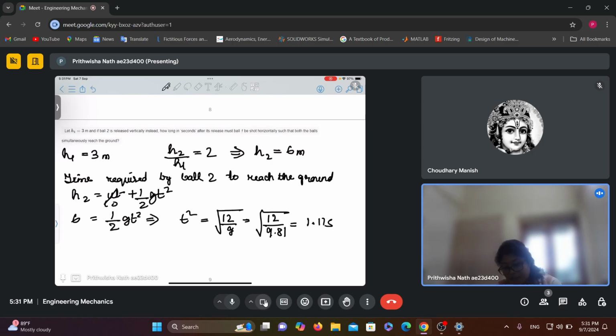Similarly, we need to find the time required by ball 1 to reach the ground, right?